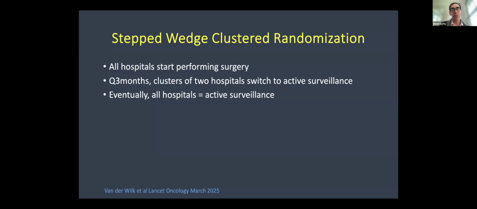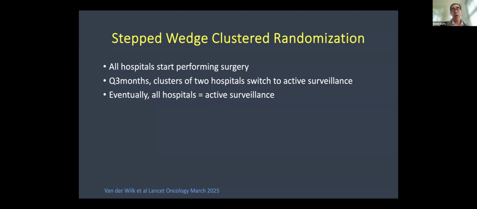So everybody that goes to each hospital gets the same form of treatment, either CROSS then surgery or CROSS versus active surveillance. And every 3 months, hospitals switch from being a surgery performing center to one that does surveillance. So anybody who signs up for this trial, they know what they're getting because of the hospital that they go to.